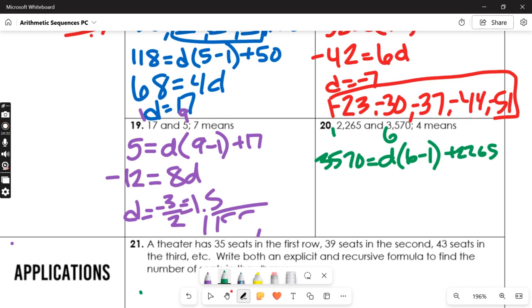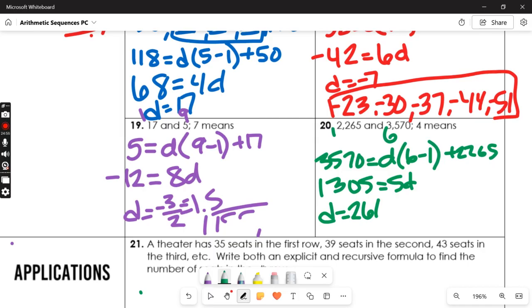Okay, so I'm going to subtract 3,570 minus the 2265, which is going to give me 1305 is equal to 5d. So then divide by 5, and I get that d is equal to 261. And then I'm going to add that 261.